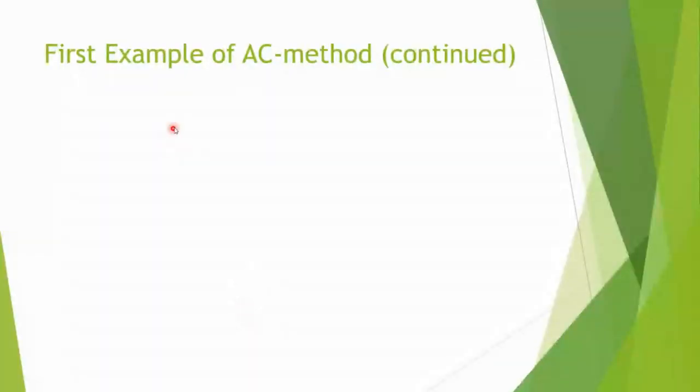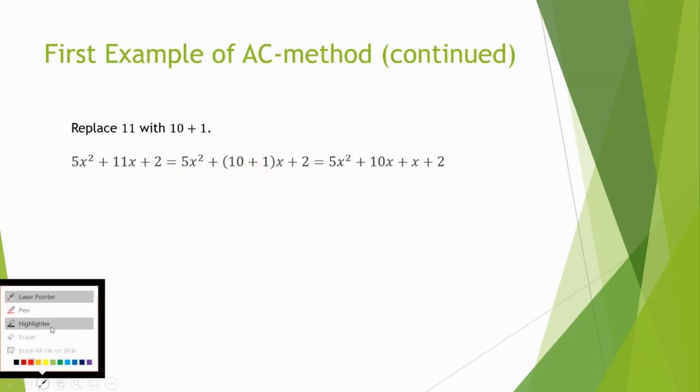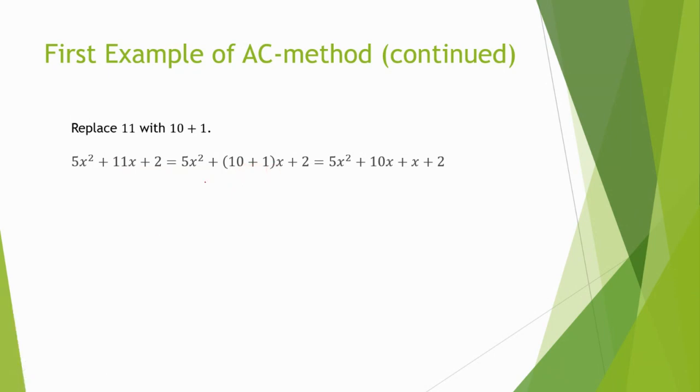So what do we do now? We have 10 plus 1. We're going to replace 11 with 10 plus 1. And that's actually what I'm doing here. From here, I'm replacing it with 10 plus 1. Then I'm distributing that x. Let me show you. Doing so, we get this.